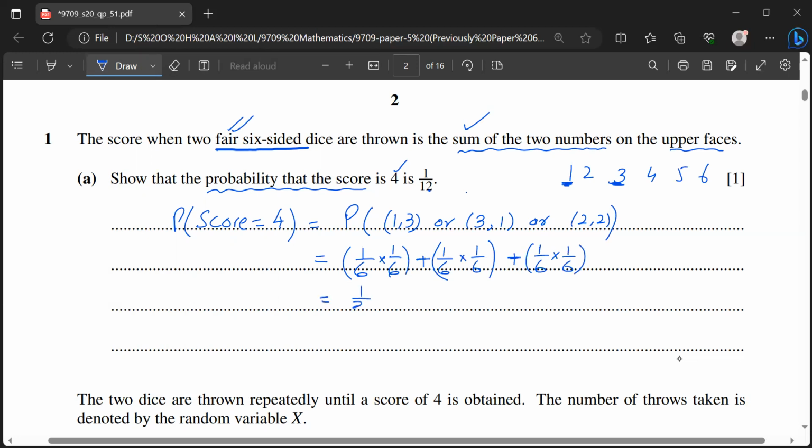So it is 1 over 36 plus 1 over 36 plus 1 over 36, which is 3 into 1 over 36. So the probability that the score is equal to 4 is 1 over 12. The first answer.